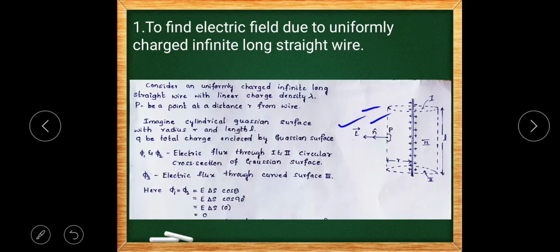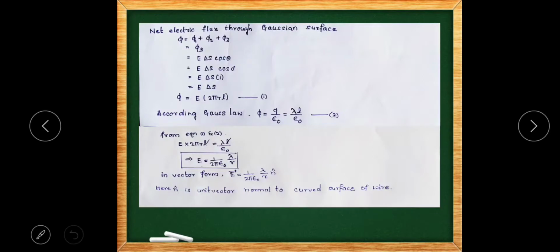Hence theta equal to 0 degree. So cos 0 equal to 1. Hence E delta S into 1 equal to E into delta S. Phi equal to E delta S, where delta S is the area of the curved surface, which can be written as 2 pi RL, where R is the radius of that curved surface and L is the length of that curved surface. Equation 1.